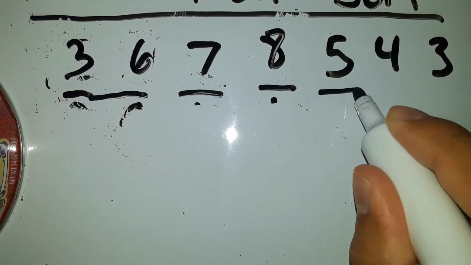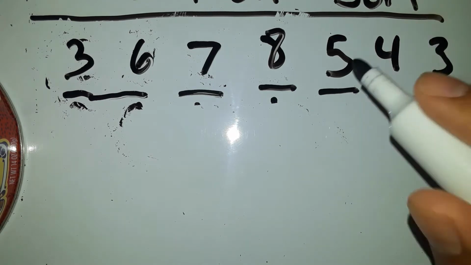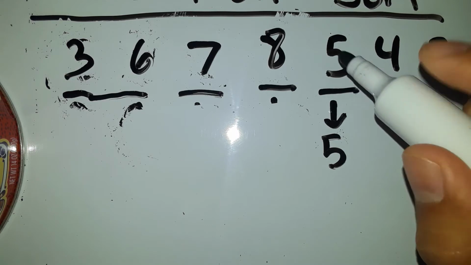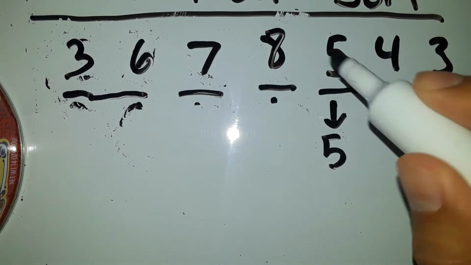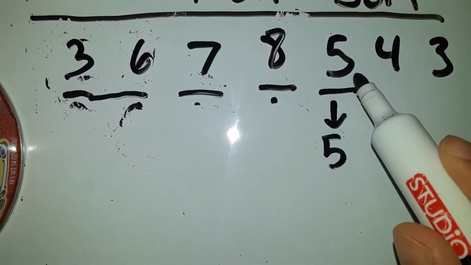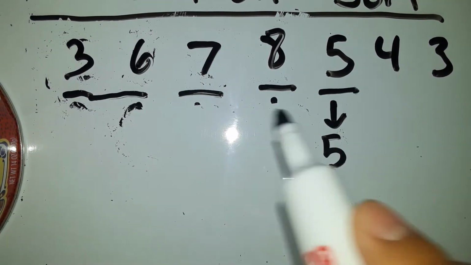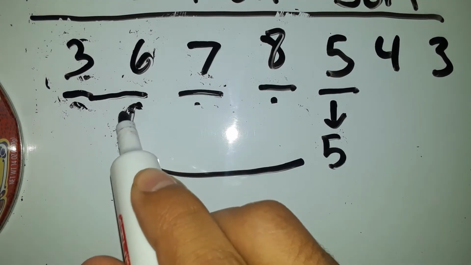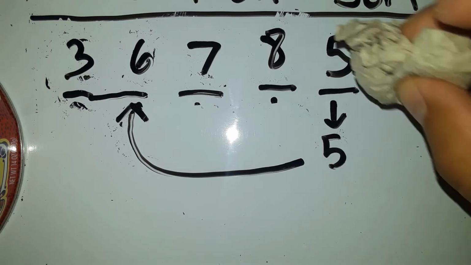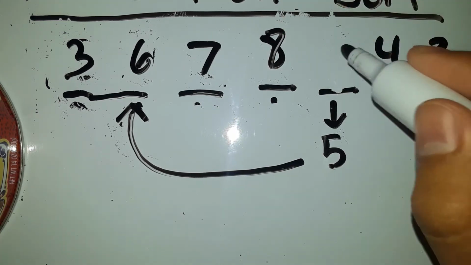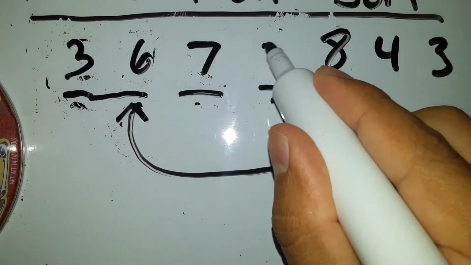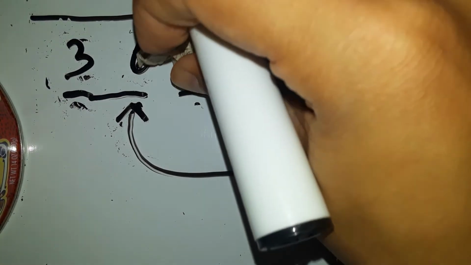So let's go ahead and introduce the 5. Create a temporary variable. Is 5 less than 8? Yes. Is 5 less than 7? Yes. Is 5 less than 6? Yes. Is 5 less than 3? It is not, which means 5 needs to go into this spot right here. And again, we're just going to go ahead and shift everything over. So 8 comes here. 7 now goes here. 6 now comes here.